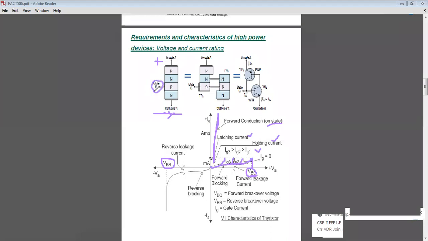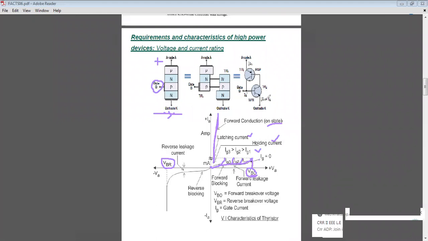Remember, at any point of time, if you want to turn on this thyristor, we give a sufficient gate signal so that it will be on. Generally it will be forward biased, then only it is favorable for conduction, so we give the gate signal. And this two-transistor analysis is not required.